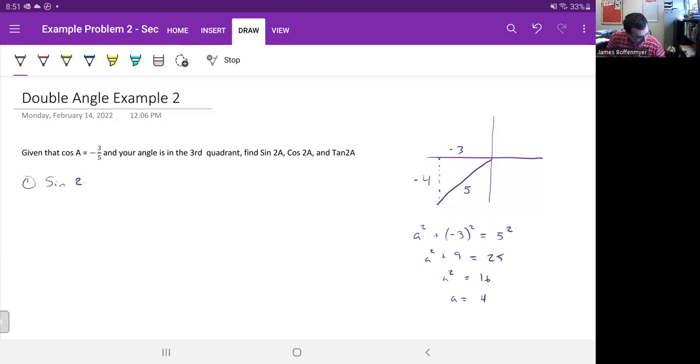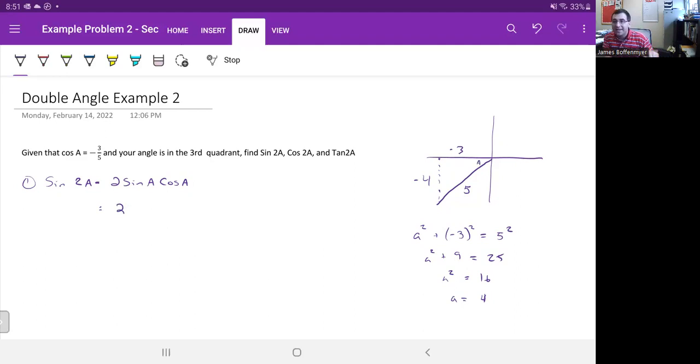Sine of 2a was 2 times sine of a times cosine of a. Now, a is your angle that we got from our triangle. So let's figure out all the missing pieces. It would be 2 times the sine of your angle.